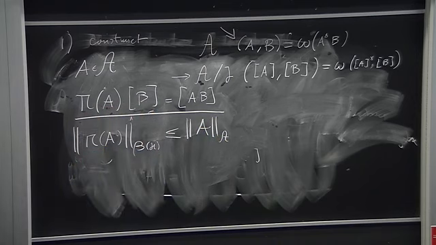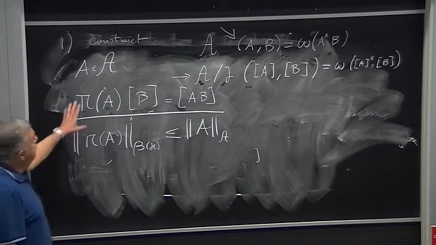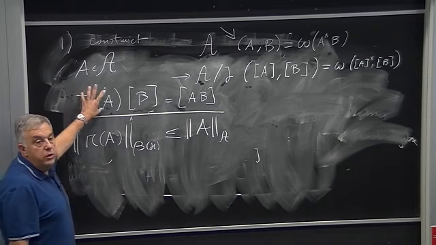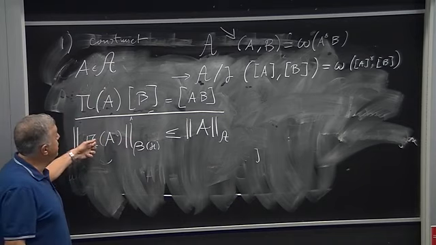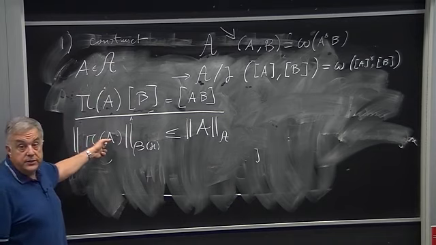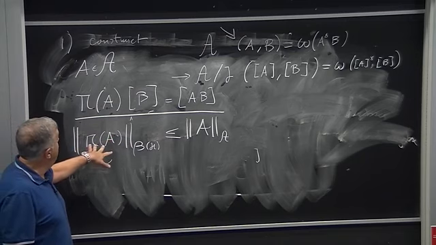It is a star homomorphism, because up to here we don't know. We have a map, but we are not sure that we respect the norms.